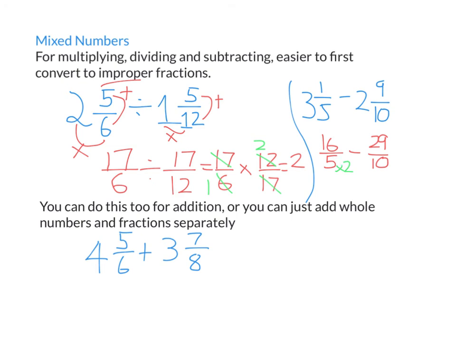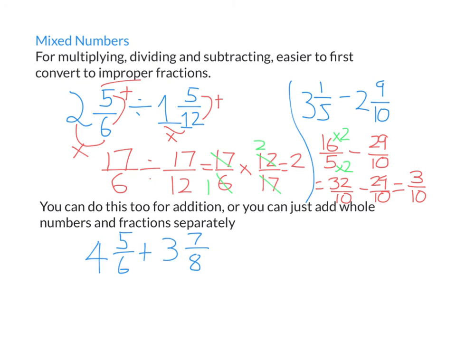But if I times the bottom by 2, I have to times the top by 2. What you do to the bottom, you must do to the top. So 16 times 2 is 32, 5 times 2 is 10. So I'm just left with 32 over 10 minus 29 over 10. So when you're subtracting fractions with the same denominator, you just subtract the top, 32 minus 29, and we keep the same denominator. My final answer, 3 over 10.